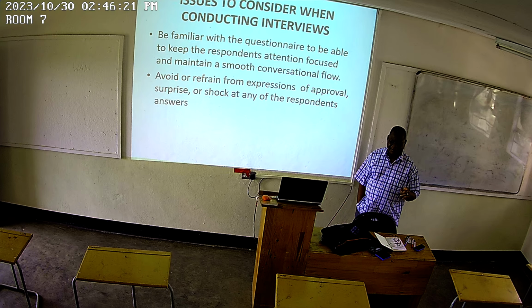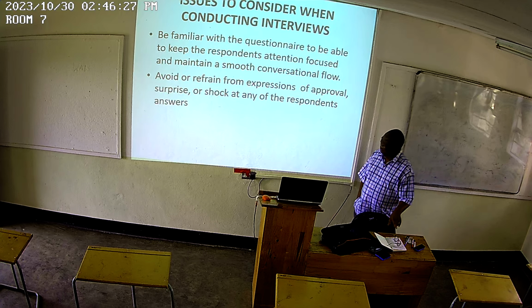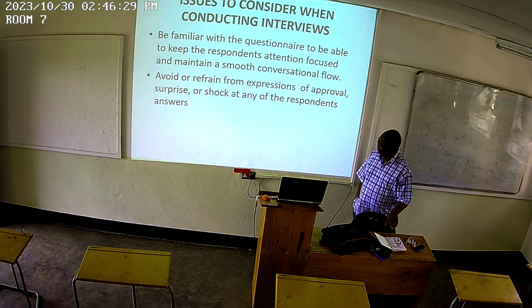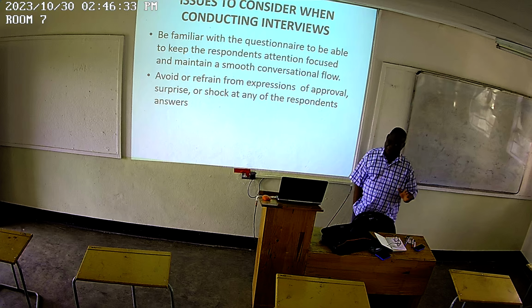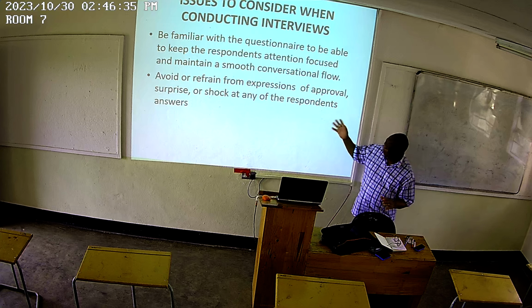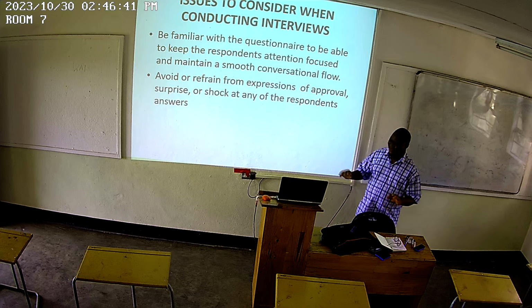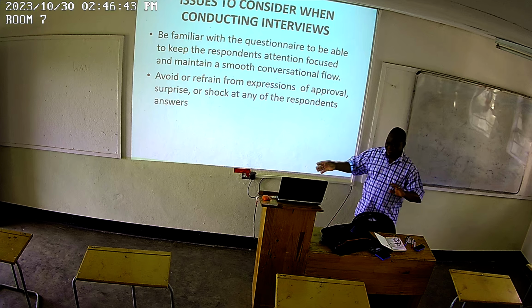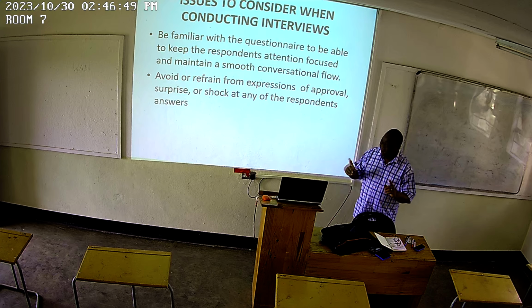And they say yes, and then you react, do you think that for the next question you're going to get the right information? So you should control your emotions. The expressions you make, don't show surprise. Don't show shock. Even the gestures that you use, make sure you manage them properly, so that you are getting the right information.